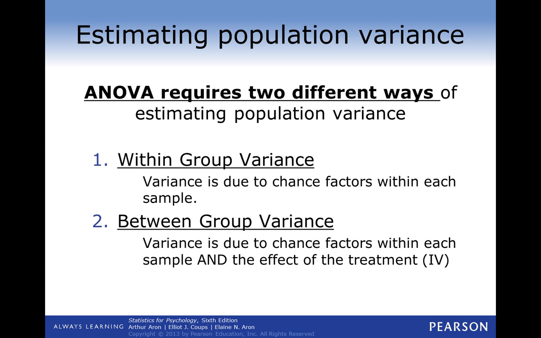You will also hear this called treatment or treatment effect. Depending on the level of the independent variable that a particular group gets, if one level is very different from the other levels, then you should see this in the end when you measure the dependent variable.